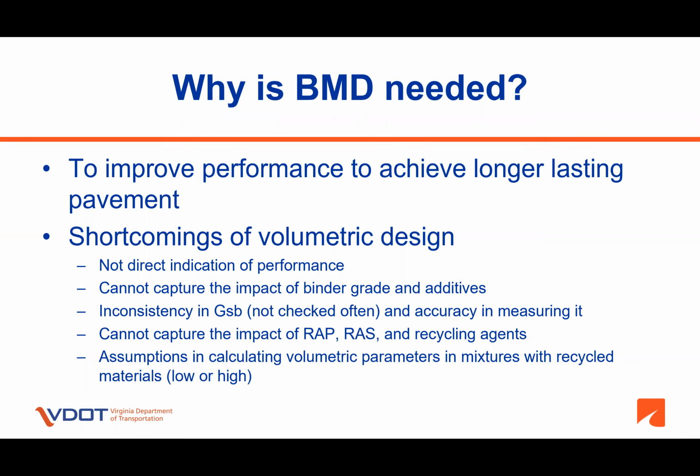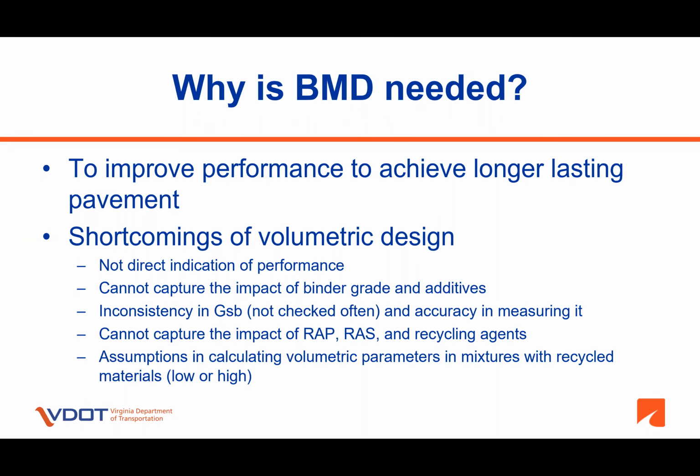In addition, any variations, even small ones, in aggregate specific gravity values within the established precision estimates may significantly result in changes in the volumetric properties and hence may impact the mix design or production decisions. Fourth, volumetric design cannot capture the impact of recycled materials, RAP, RAS, and recycling agents on mixture performance.